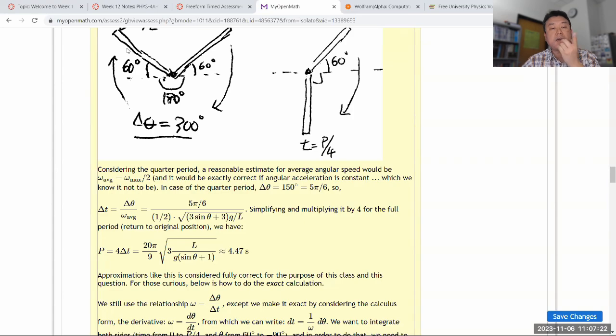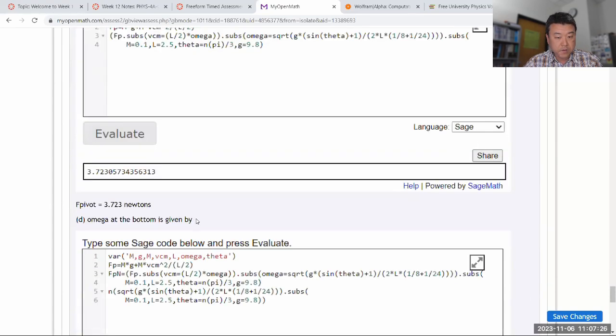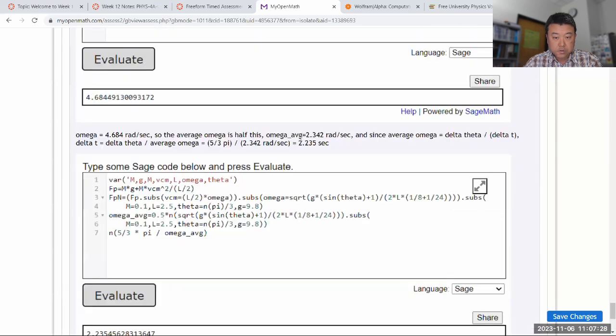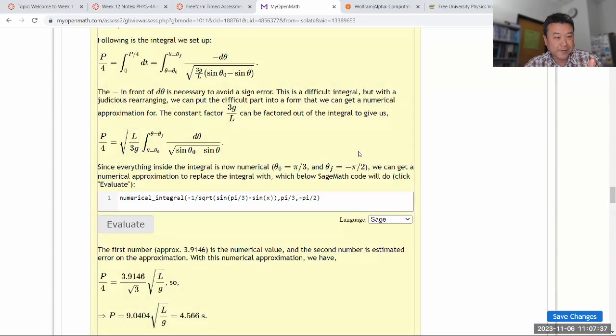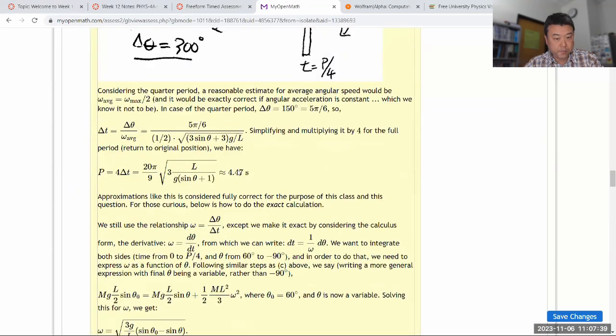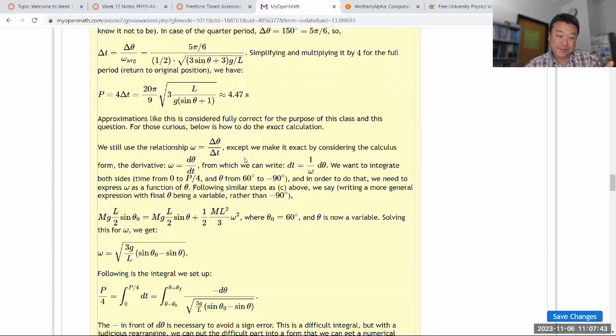So the number I have, 2.235, you have to double it for it to be correct, 4.47. So let's see if it's 4.47. Yeah, 4.47. That's the answer. So okay, factor of 2 error.